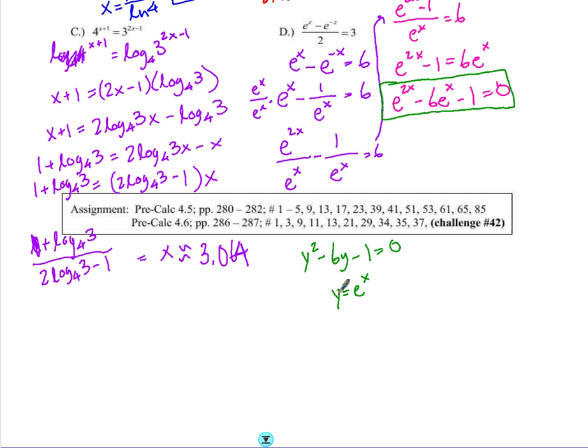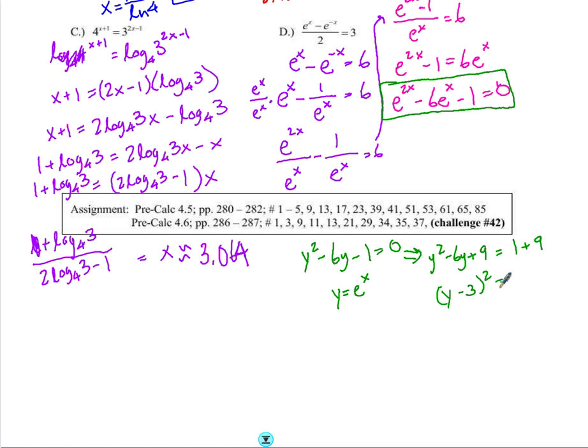Y minus 3 squared would be equal to 10, and then I would go ahead and square root. Y minus 3 is equal to plus or minus the square root of 10. Add 3, y would be equal to 3 plus or minus the square root of 10.